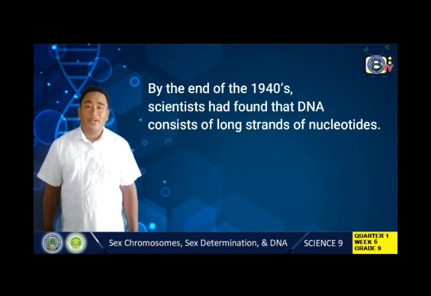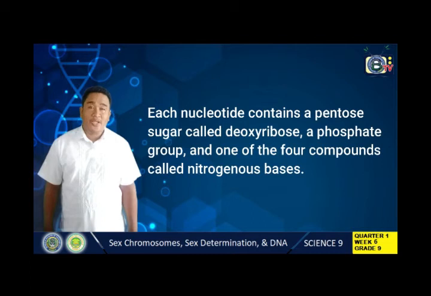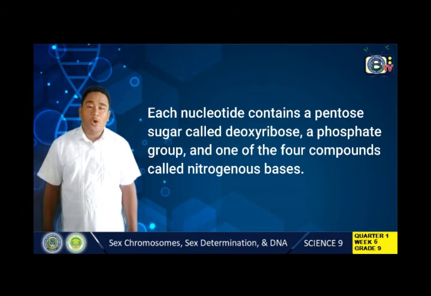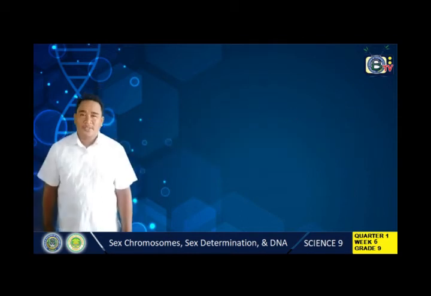By the end of the 1940s, scientists had found that DNA consists of long strands of nucleotides. Each nucleotide contains a pentose sugar called deoxyribose, a phosphate group, and one of the four compounds called nitrogenous bases.